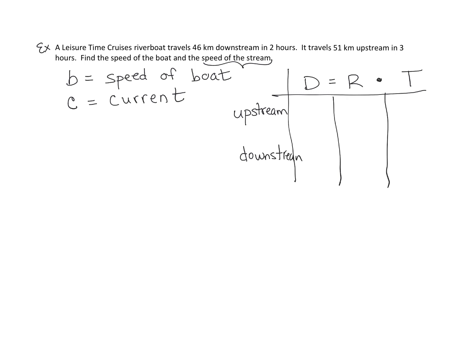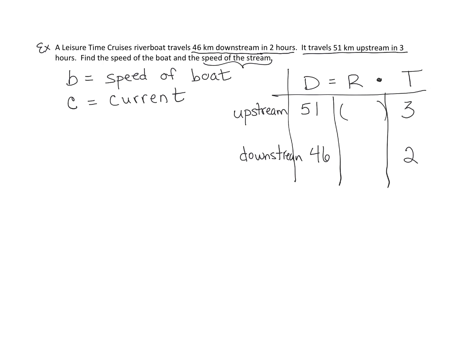So we know we're traveling 46 kilometers downstream in 2 hours. So 46 is a distance and 2 hours is a time. 51 kilometers upstream in 3 hours. So 51 kilometers is a distance and 3 is a time.